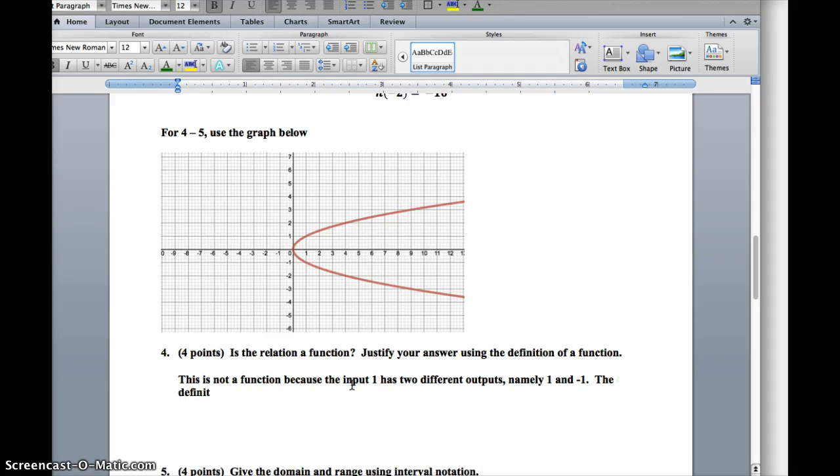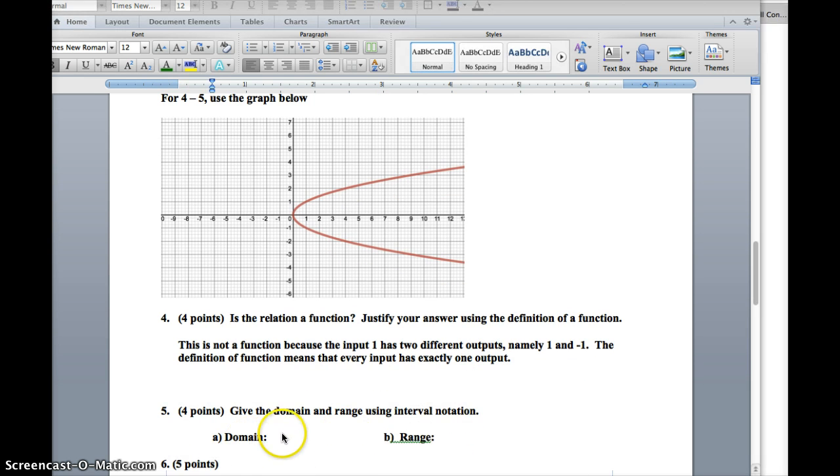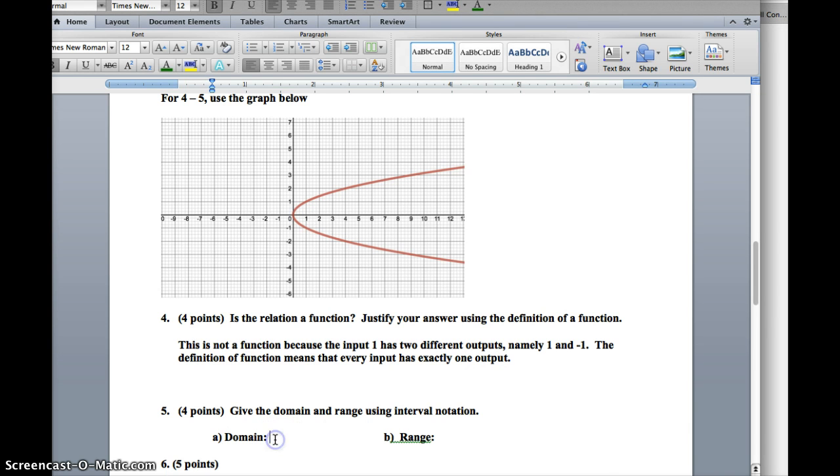The definition of function means that every input has exactly 1 output. So since the input 1 is having 2 outputs, we defy the definition of function, and so the relation is not a function.